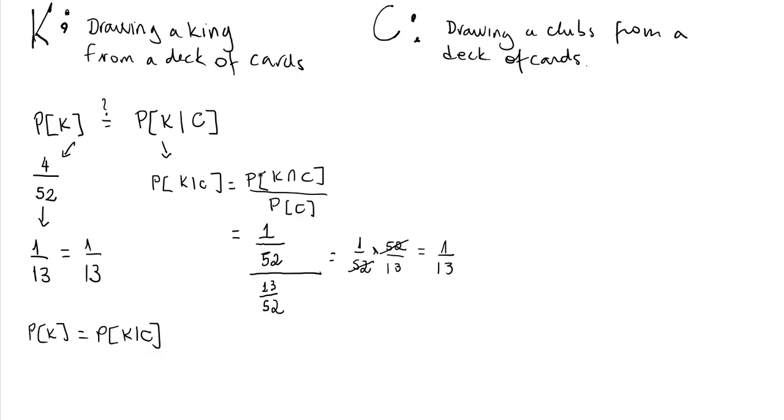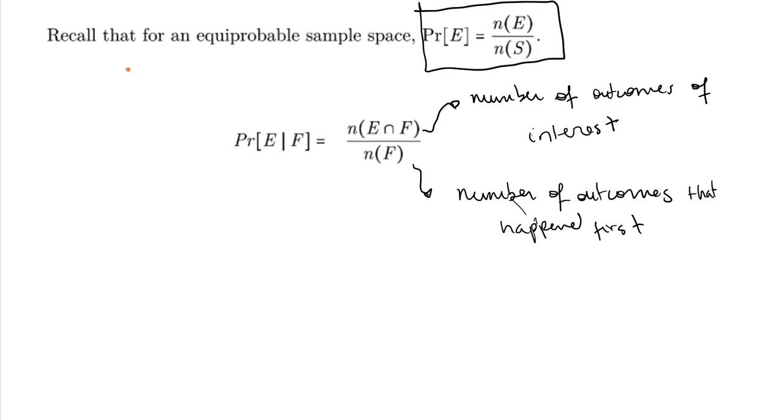Just as a side note, you can calculate this conditional probability not only using the formula, but also using the concept that you're inside an equiprobable sample space. If you go back 2 slides, you'll see that in equiprobable sample spaces, the formula for conditional probability simplifies to the number of outcomes of interest over the number of outcomes that happen first.